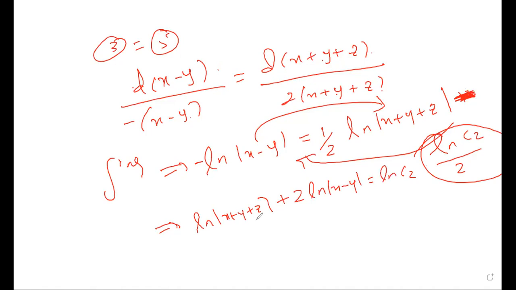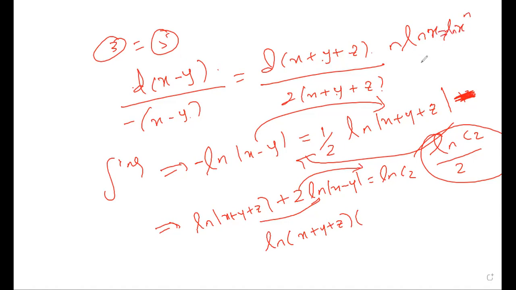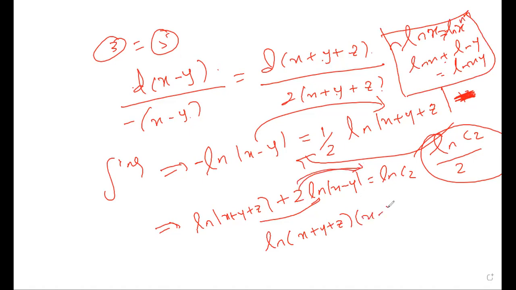Since these two are plus for ln, it will be ln of (x plus y plus z) times. I can take the power now. These are ln rules: n ln x will be ln x to the n. Similarly, if you have ln x plus ln y, you can write ln xy. Similarly, if it is minus, you can take it as a ratio. These are school things. So I take the power: (x minus y) whole thing squared is equal to ln c2.